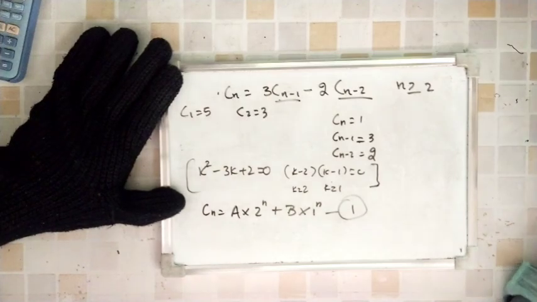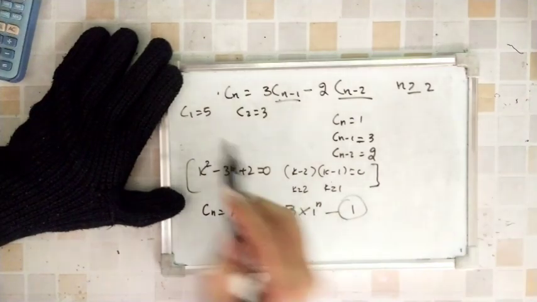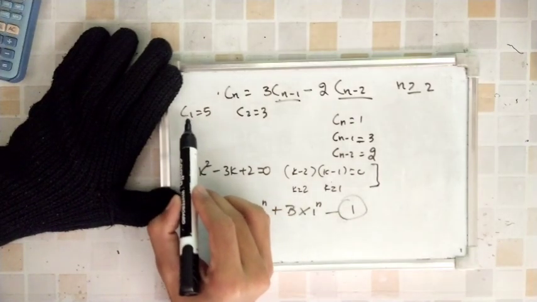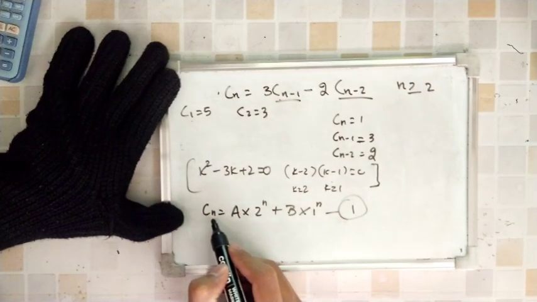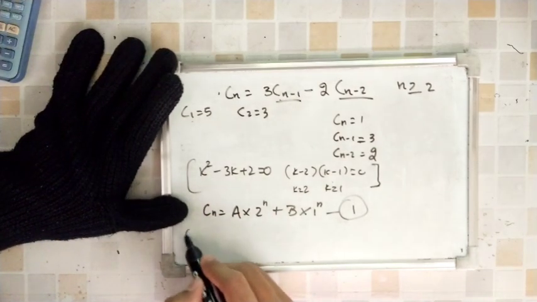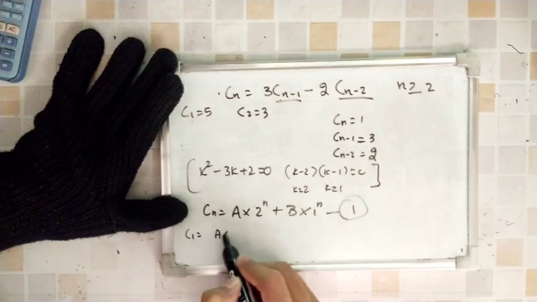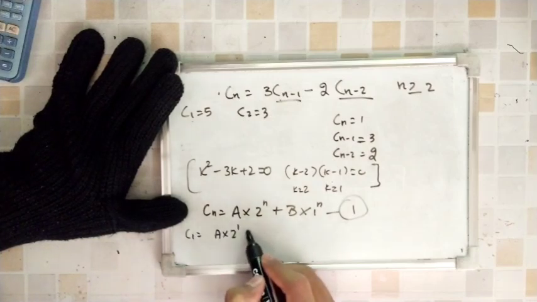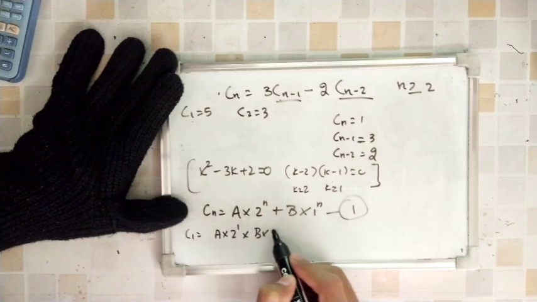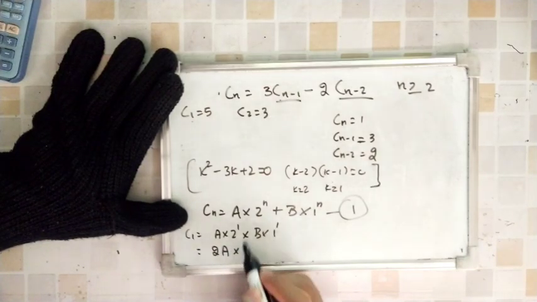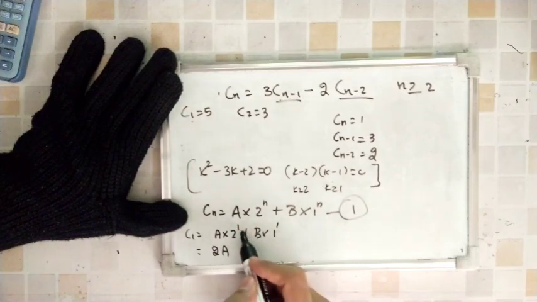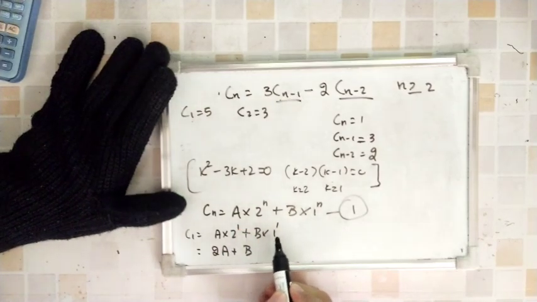Now what I will do? I will just substitute. C1 is there, right? Let me take n as 1. C1 equals A into 2 power 1 plus B into 1 power 1. Here I will get 2A plus only B, so B into 1 is B itself.